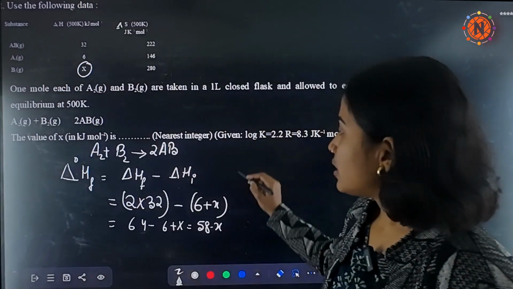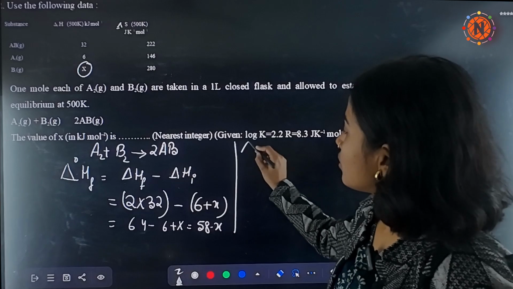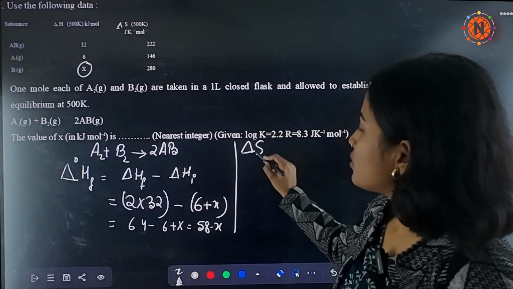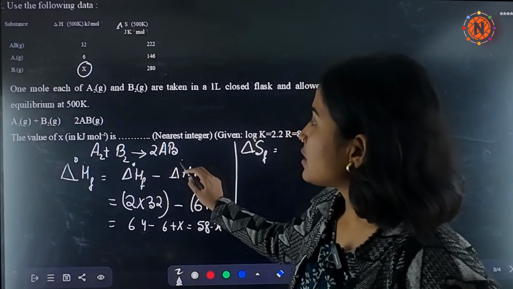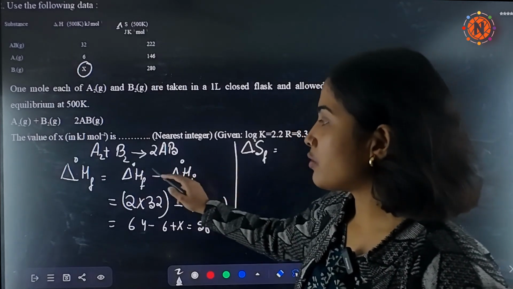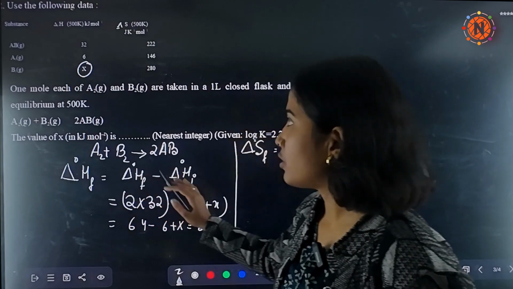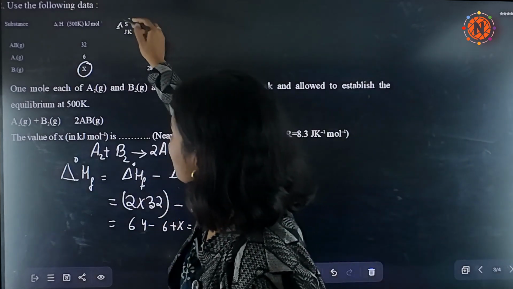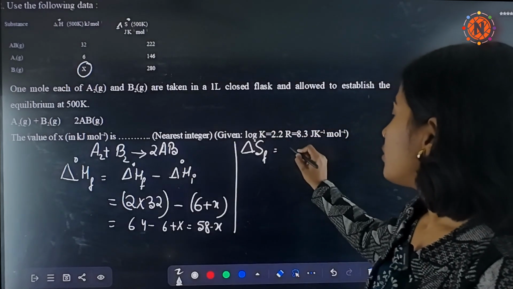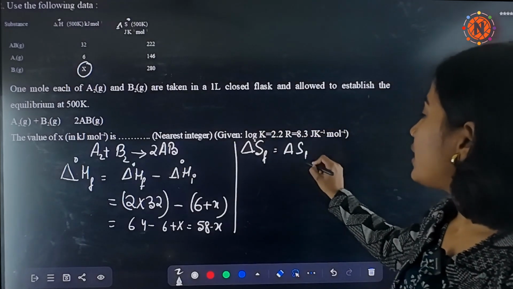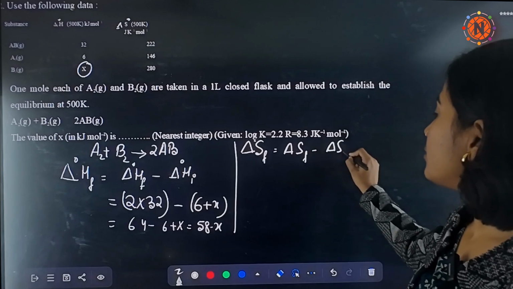Now let's find out the entropy. So entropy of formation is also given. If it is asking about the standard formation, then we need to write the naught. If it is not, then we don't have to write. It was not here, sorry. Now here also final minus the initial.